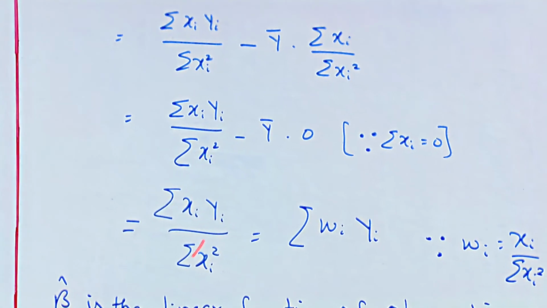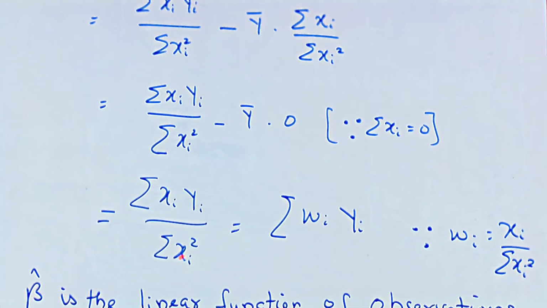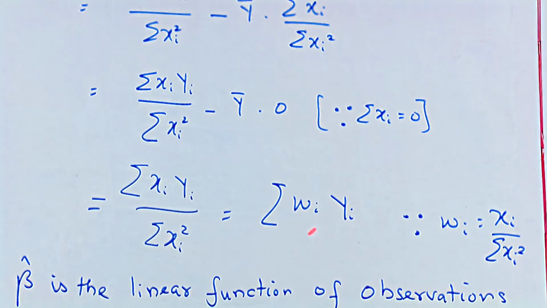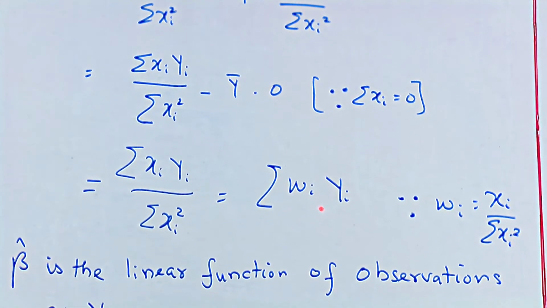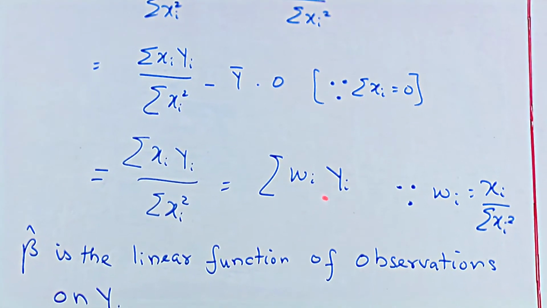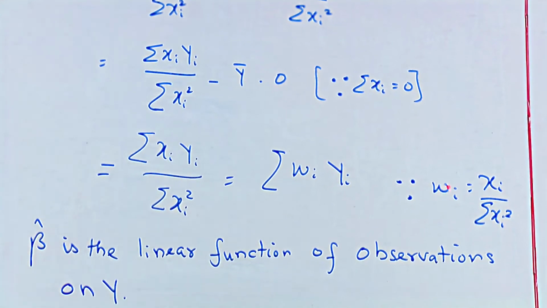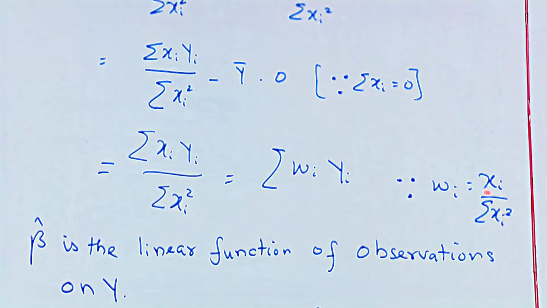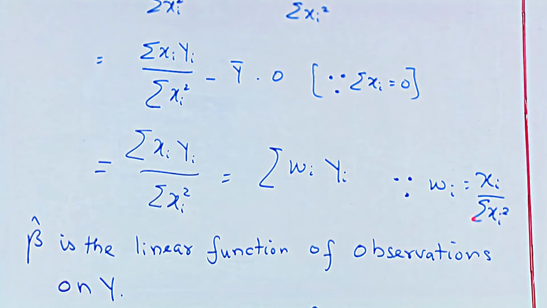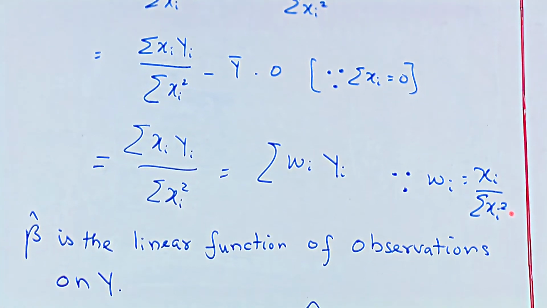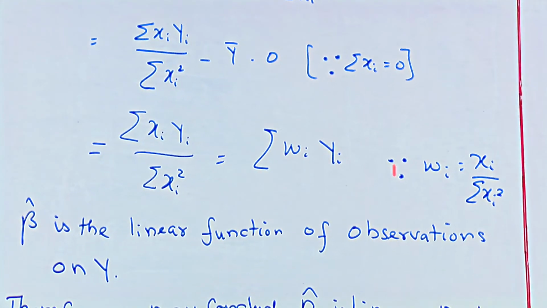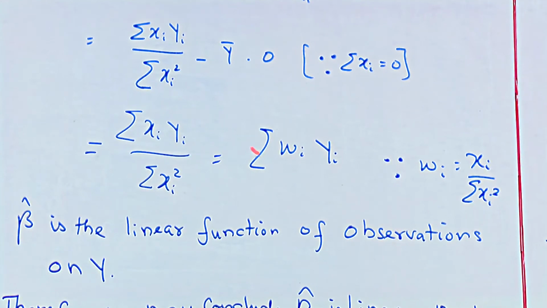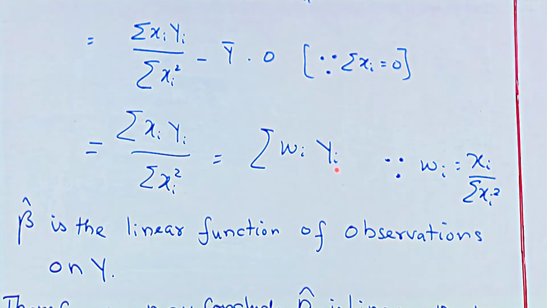Now we may rewrite this expression into sigma wi capital Yi, because we already know small wi is defined as small xi divided by sigma small xi square. So this expression becomes sigma wi capital Yi.